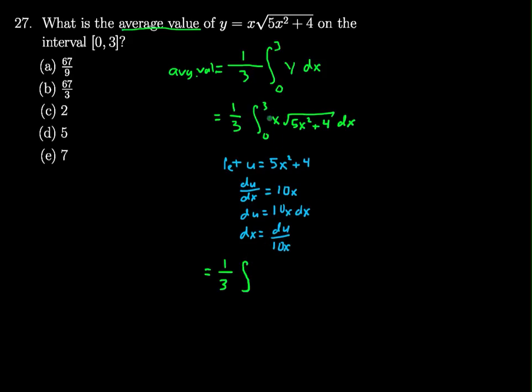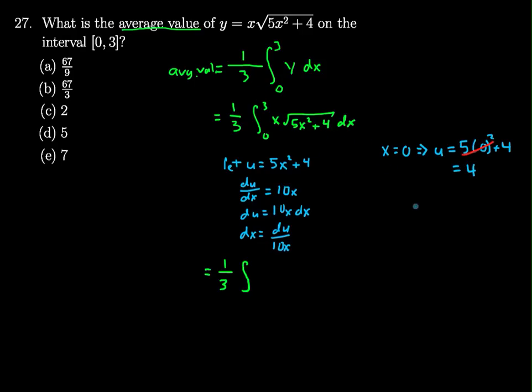If I go from 0 to 3, so I'm going from 0 to 3 in x's, so x equals 0 will mean that u equals 5 times 0 squared plus 4. We need to actually change our limits here because we're going into sort of u world. 5 times 0 squared plus 4. 0 squared is 0, 5 times 0 canceled out, so the lower limit will be 4.